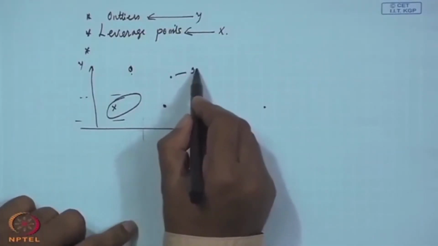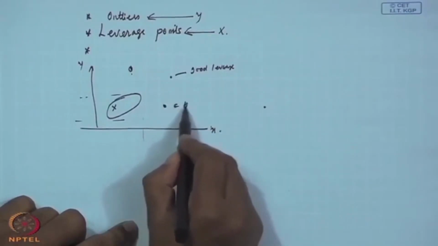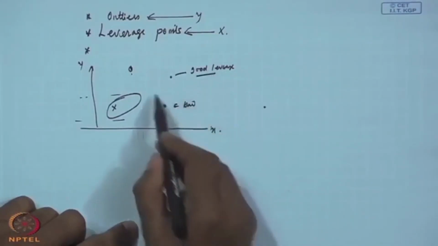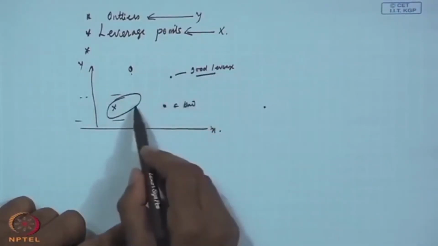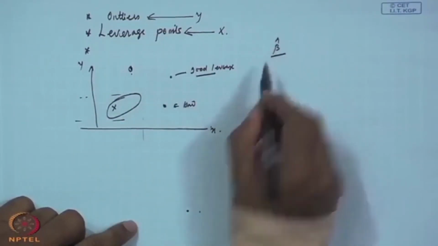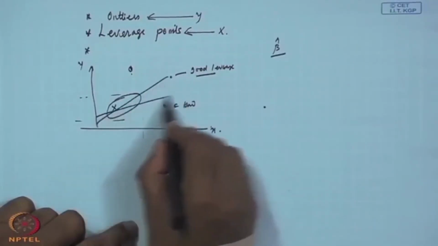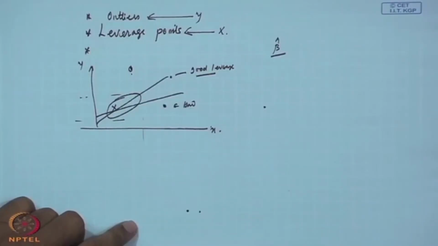This is your good leverage, and this is your bad leverage. We say good leverage because under good leverage there is no problem in the regression estimate beta cap. Bad leverage distorts the line, that means the regression equations are distorted. So, these are the things.